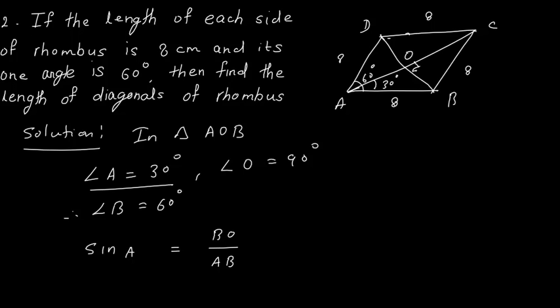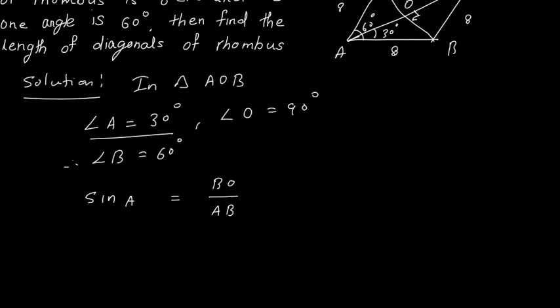So sine 30 degree is equal to BO, the length we don't know, divided by AB which is 8. So sine 30 is 1 upon 2 is equal to BO upon 8.